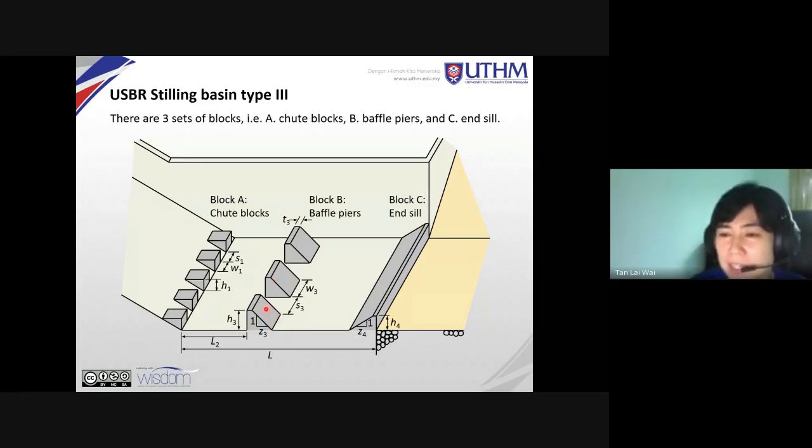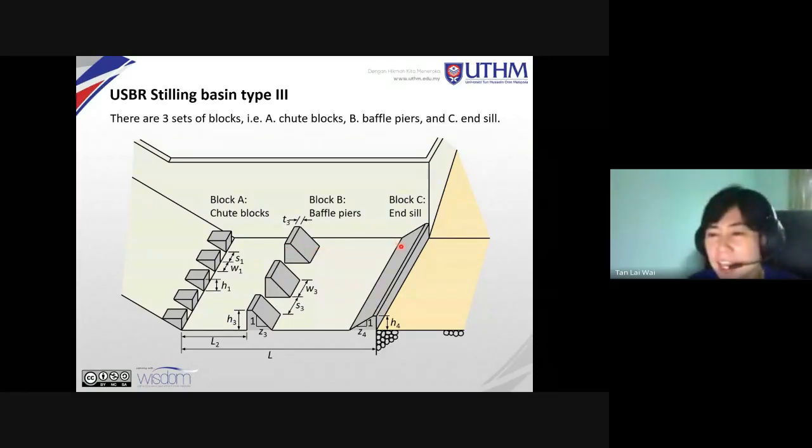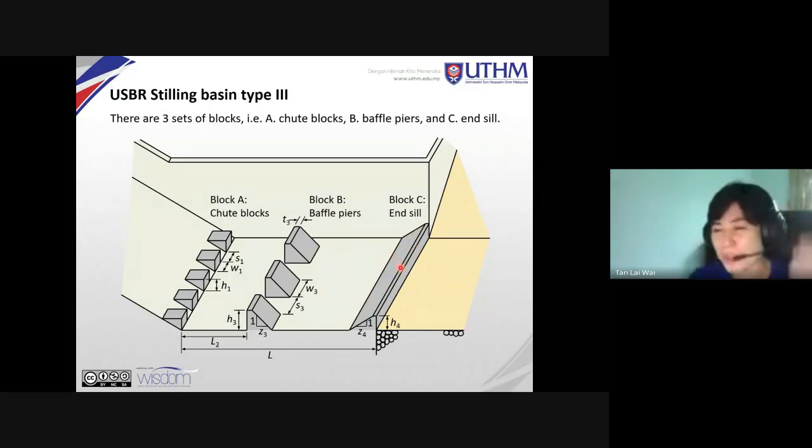This is facing here. Of course, this is vertical, then you have a sloping face here. And for C, the end seal, you only have to define the width, basically the width of the channel.